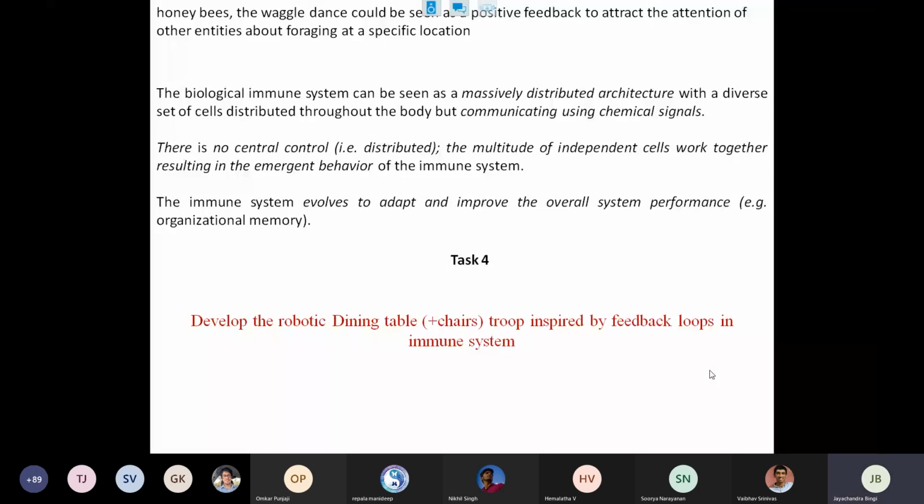If the feedback loops change, rules also change. When rules change, the behavior and functionalities, everything changes. That is what I mean by learning.